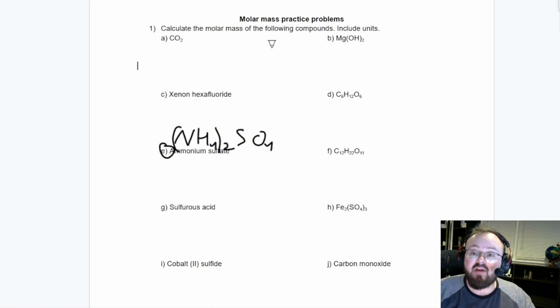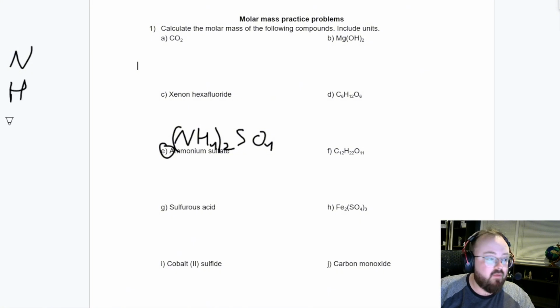We have a lot of elements here, so let's break this down. We have nitrogen, hydrogen, sulfur, and oxygen. We're going to start by figuring out how many of each element I have. I like to keep myself a little organized here.